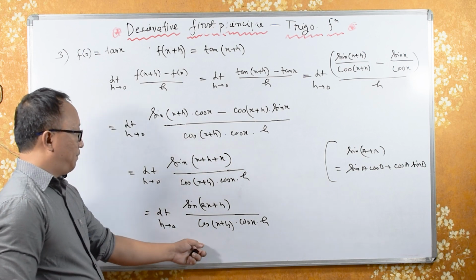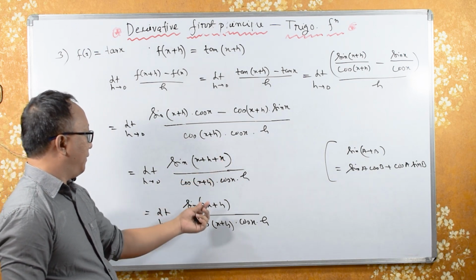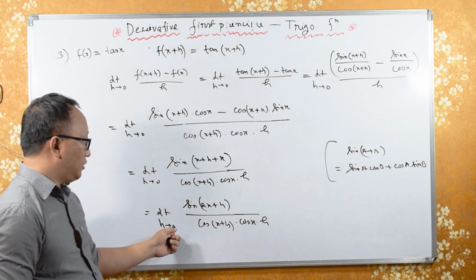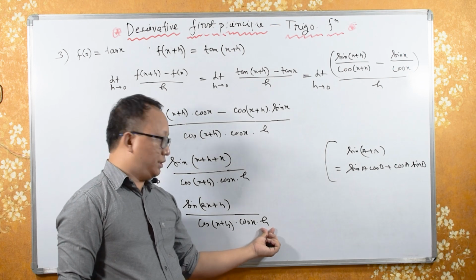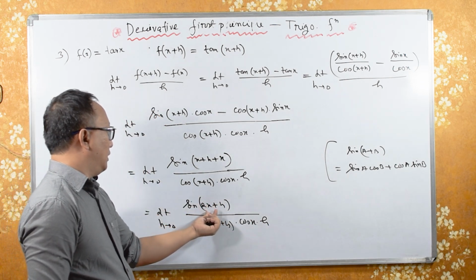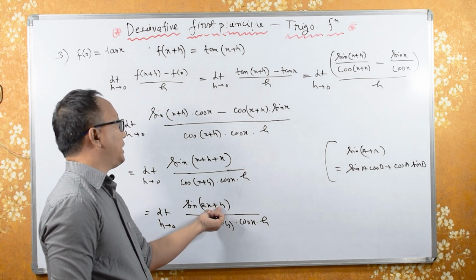Now when h tends to 0, this becomes 0, and this still becomes 0. Now we have to try to get twice x plus h over here.